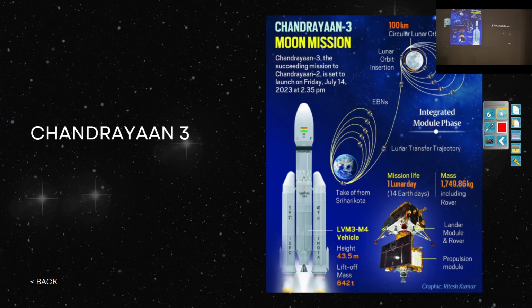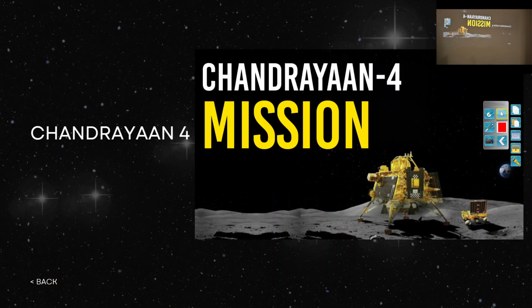And then they are planning to send one more mission to the moon, Chandrayaan 4. It is going to land, collect samples from there and come back to the earth. It will be in the future, around 2027 or 28.